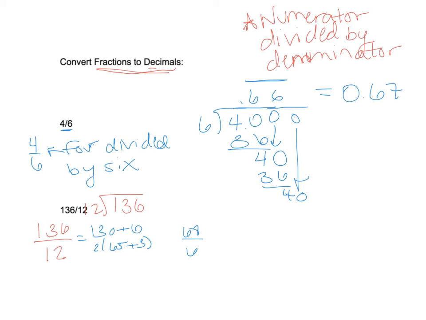So that makes things a little bit easier. I could actually simplify it even further, realizing that 68 is divisible by 2. That can become 34. And 6 divided by 2 can become 3. Now this is a way easier number to deal with. I've got 34 divided by 3. 3 goes into 3 once. 1 times 3 is 3. That gives me 0. Bring down my 4.